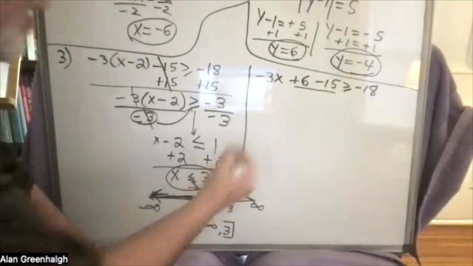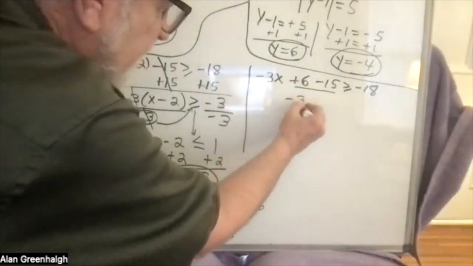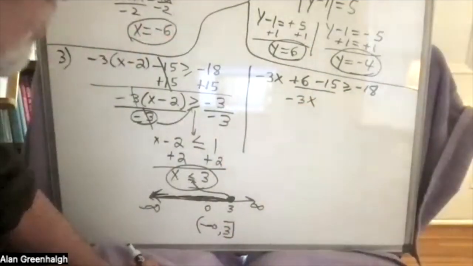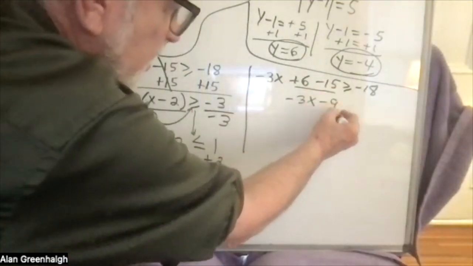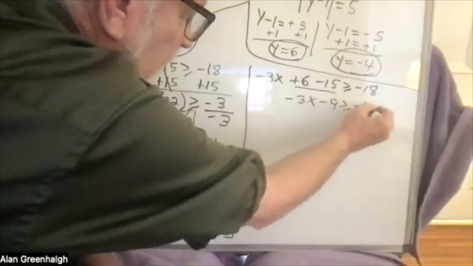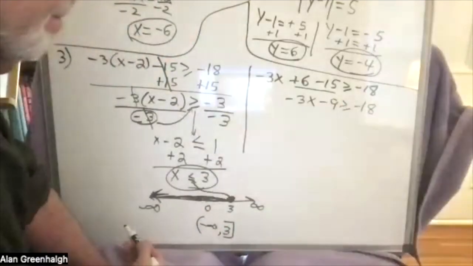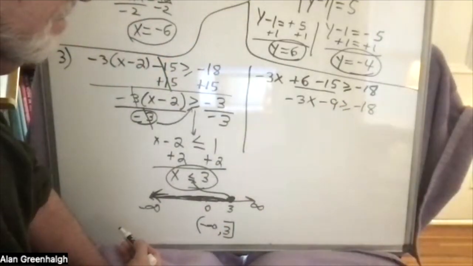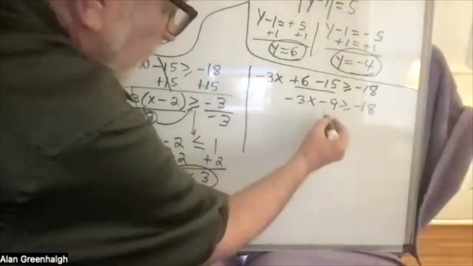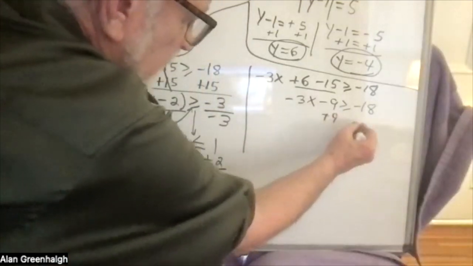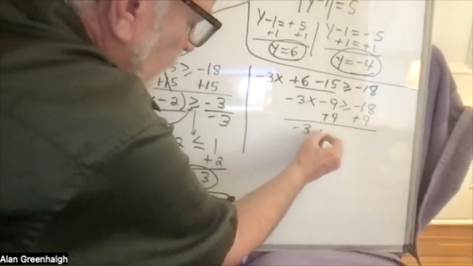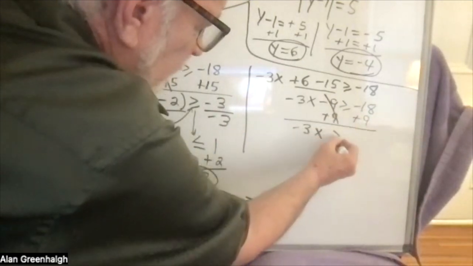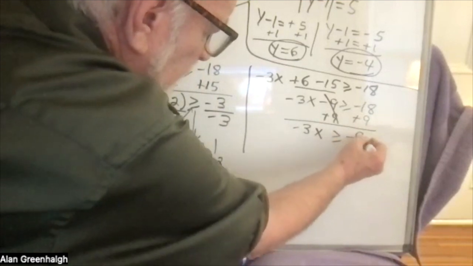Yes. What'd you get? -3x minus 9. -9, good. Go ahead. Yes, and then I have plus 9... -3x minus 9.